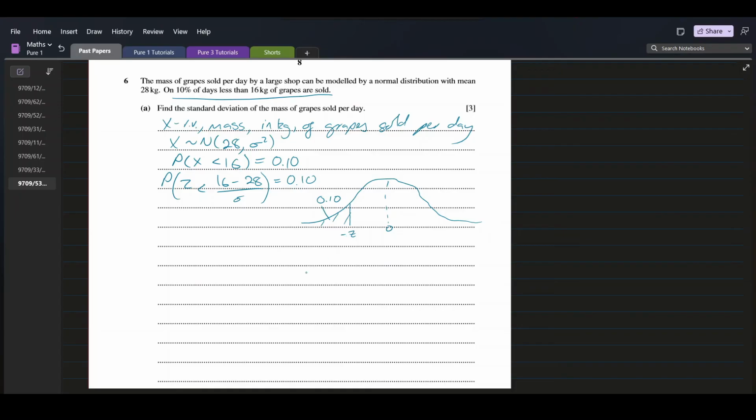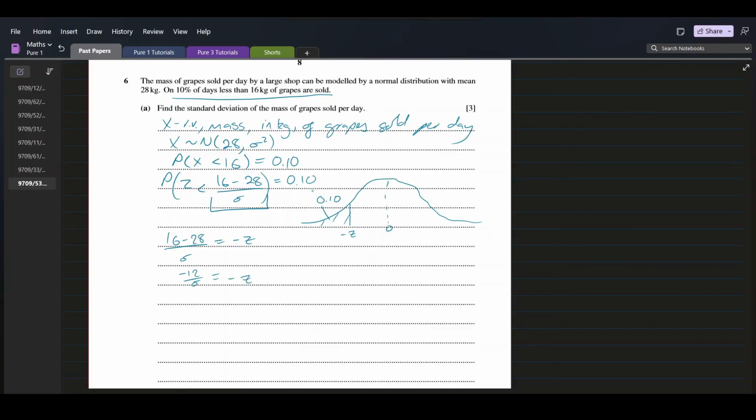From here we can tell that z is going to be negative. Since we have standardized, this 16 minus 28 over sigma is equal to this negative z that we'll get over there. Let's just simplify this first before we evaluate our z value. So that's negative 12 over sigma is equal to negative z.